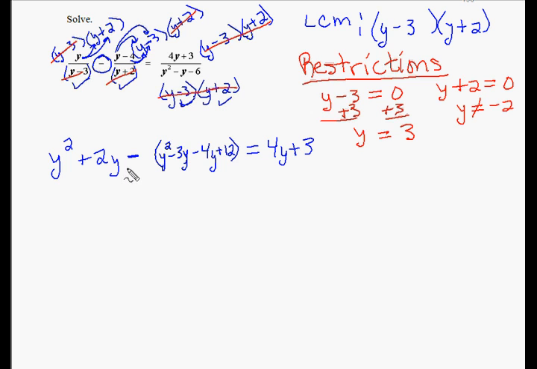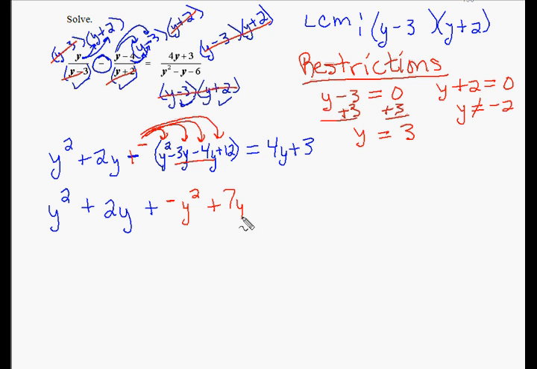Now in order to clear these parentheses, we have to be aware that the subtraction is like multiplying by a negative 1, and we need to distribute that to each term that follows. So we have this y squared plus 2y plus a negative y squared, and that's a negative 7y, but now we need to make that negative, which would make it a positive 7y.